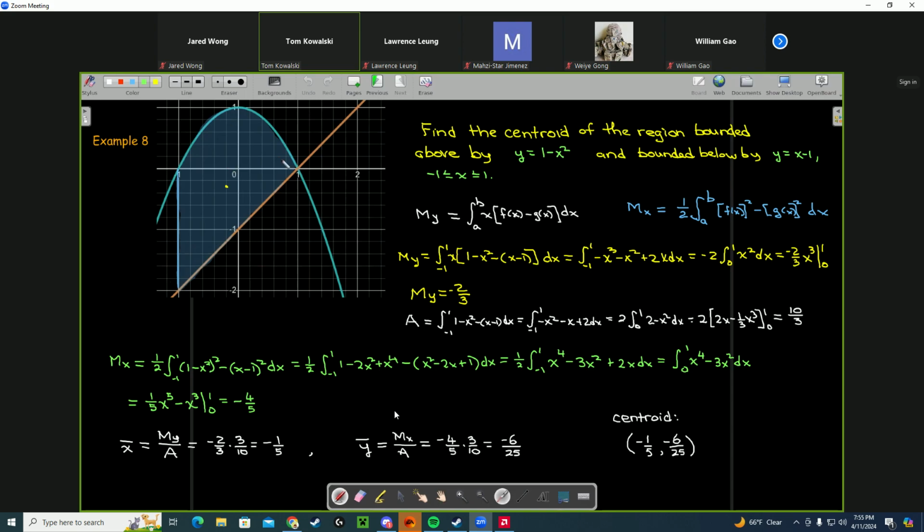So it looks like this region above and to the right has more area, but it's closer to the point, whereas there might be less area down here, but we've got this portion down here, which is very far from that point, and that would counterbalance the extra area which is close to that point on the other side. So you just want to look at it and say, well, okay, that's kind of interesting.